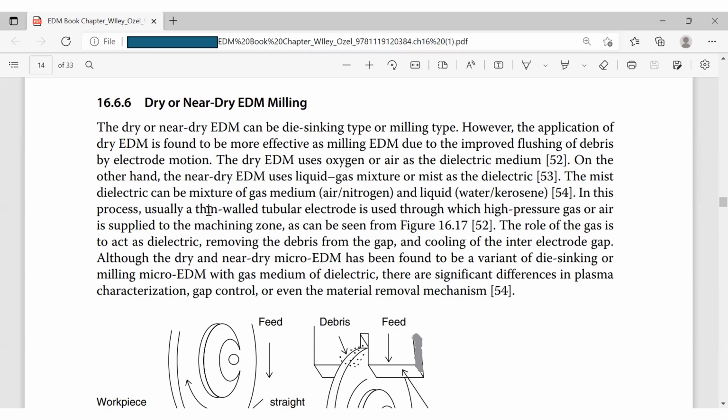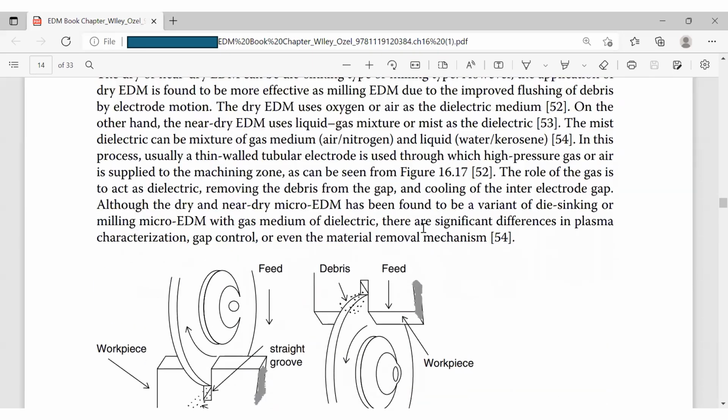In this process, usually a thin-walled tubular electrode is used, through which high pressure gas or air is supplied to the machining area. As can be seen from this figure, figure 16, the role of the gas is to act as dielectric, remove the debris from the gap, and also cool the inter-electrode gap.